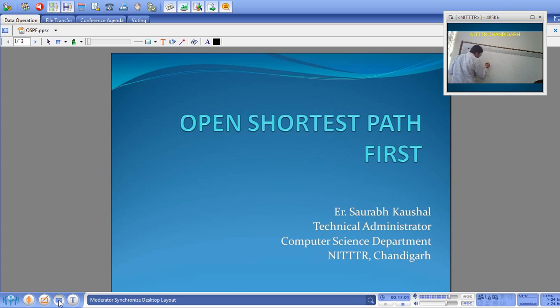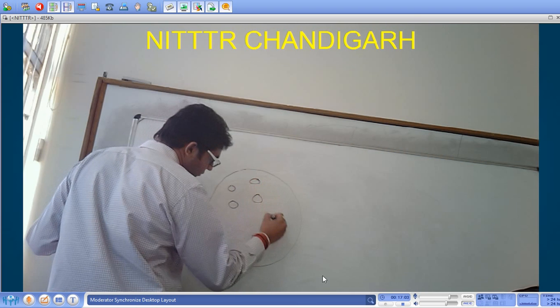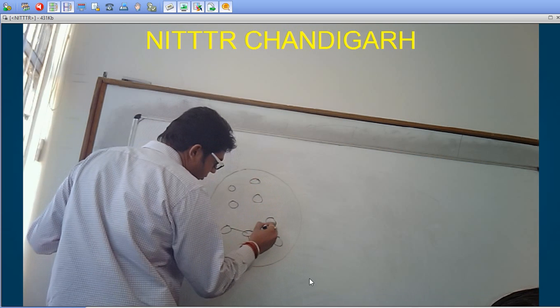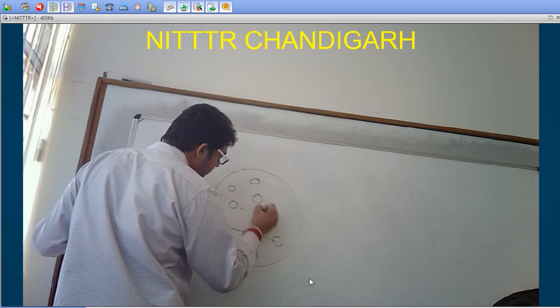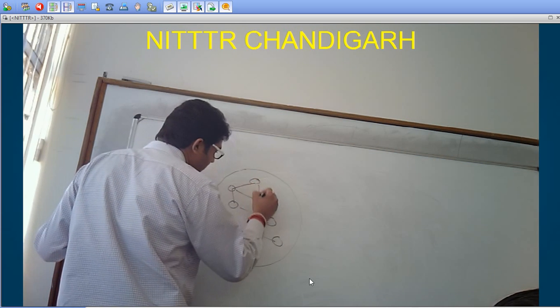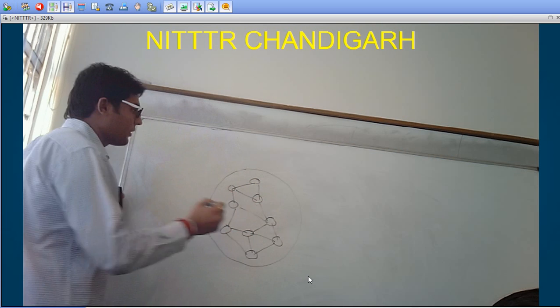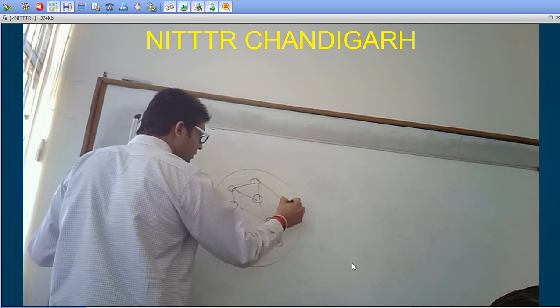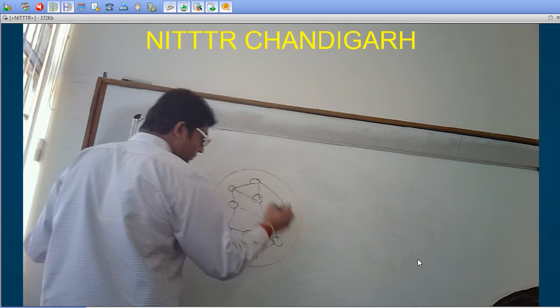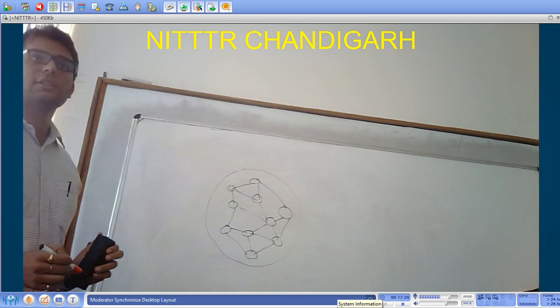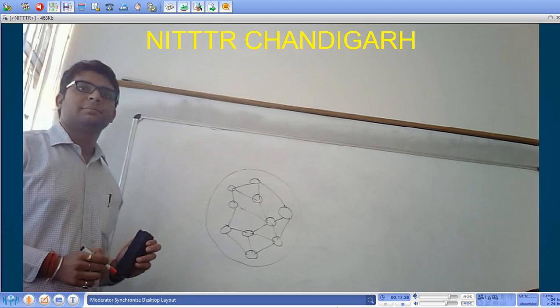Let's say I have some routers here, and all these routers are interconnected. I have so many routers, and all these routers are connected.